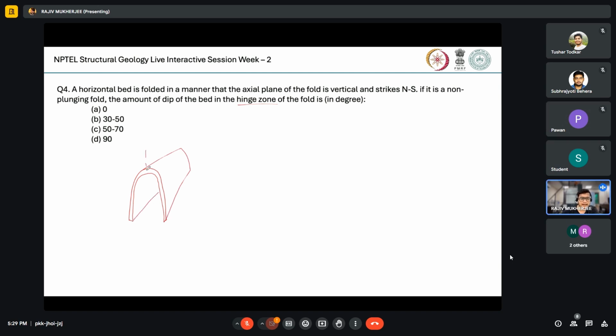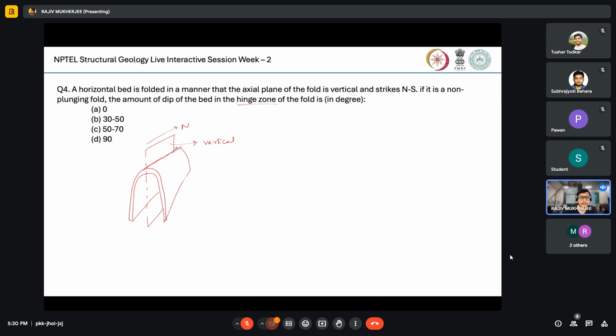And we have the axial plane like this. So this axial plane is vertical, you can see from the image. And if we consider, so this is the north and the fold is non-plunging.